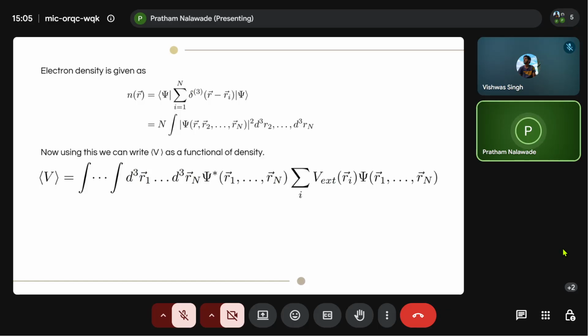Now I will write the external potential in terms of density, because earlier it doesn't contain any n there. So I have to rewrite my external potential operator in terms of density.